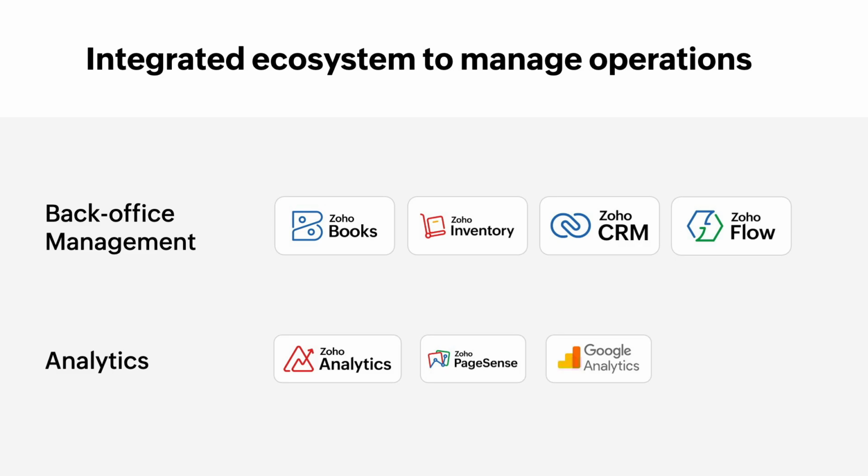And with Zoho PageSense, again, this is an integration which is available by default. Here you will be able to see how your customers are interacting with your website. Where are they scrolling? What are they clicking on? You can do personalizations and A/B tests. Basically, you can analyze and optimize how your website is working.